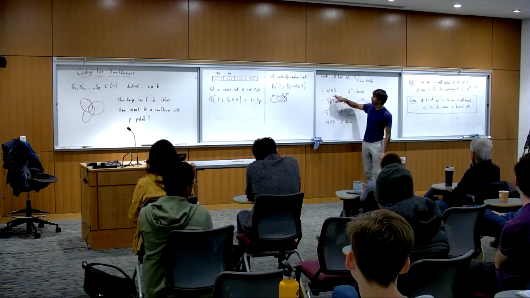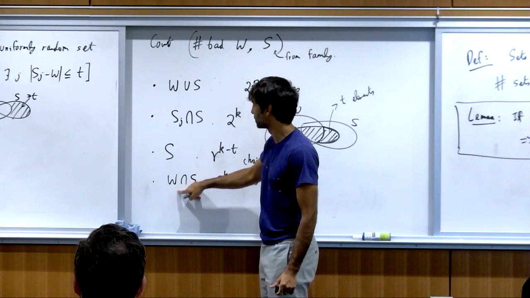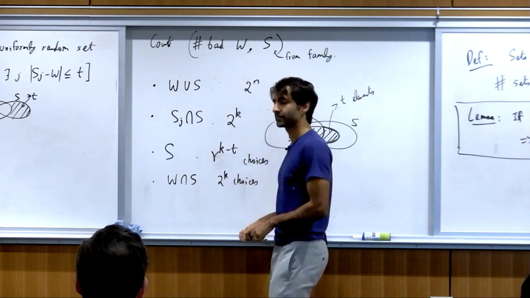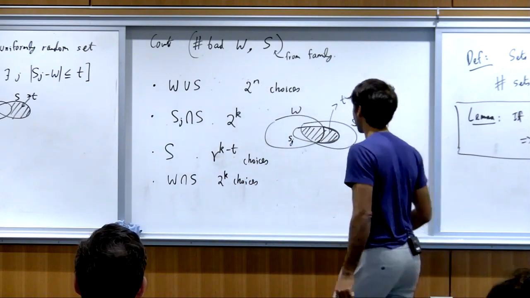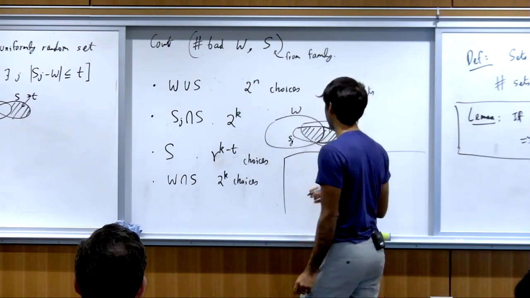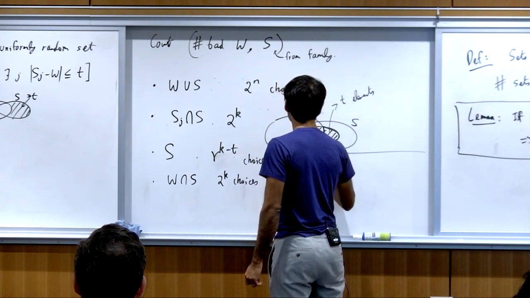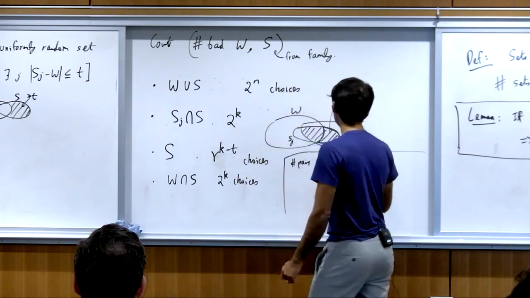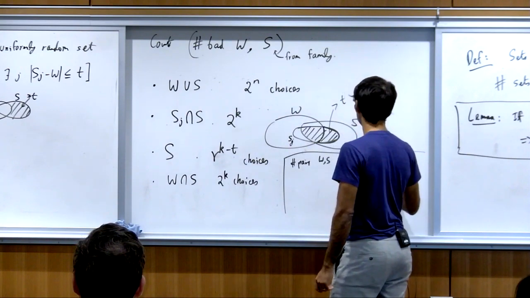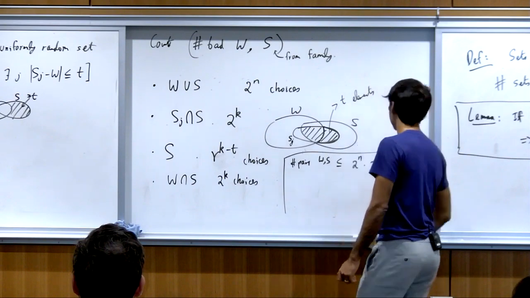And so we've encoded, at this point we know W union S and W intersect S, which means you know both W and S. So if you count up what's happened here, the number of pairs W, S is at most 2 to the n times 2 to the 2k times r to the k minus t.